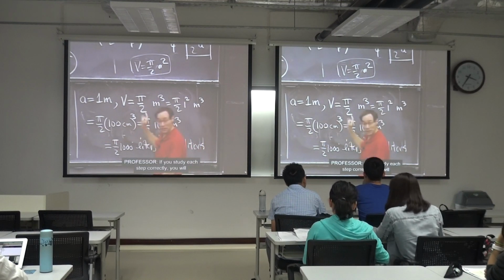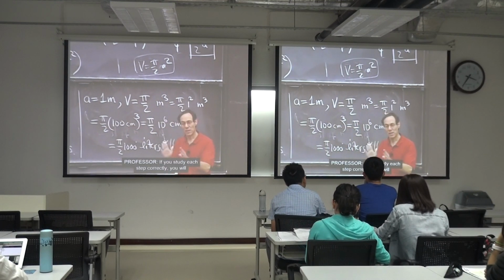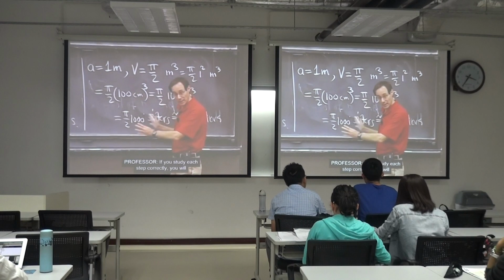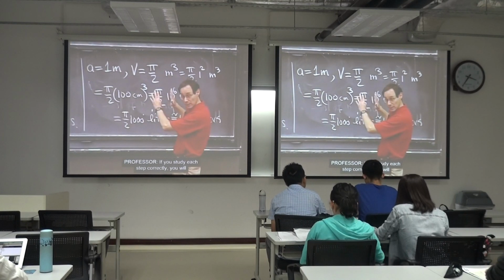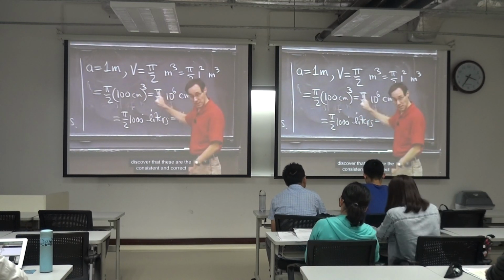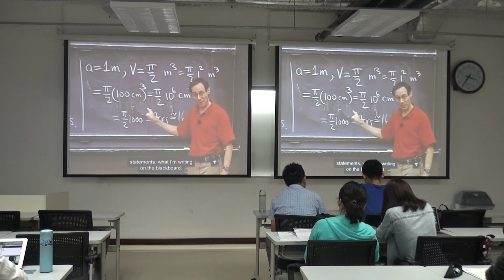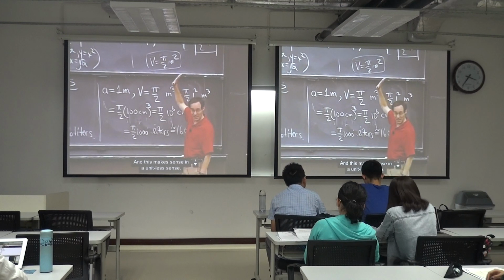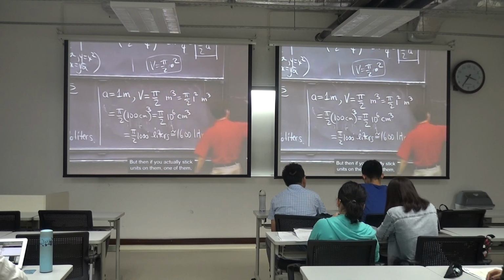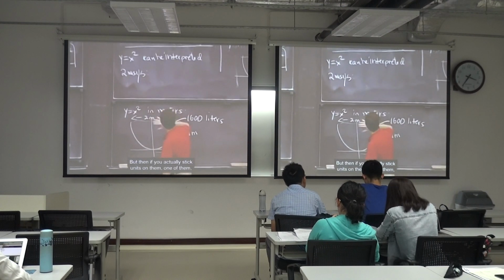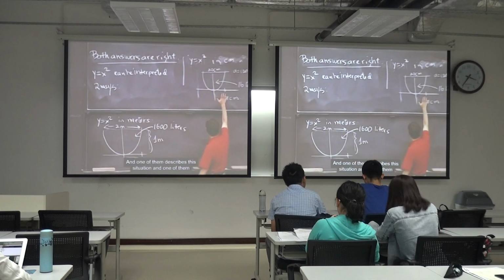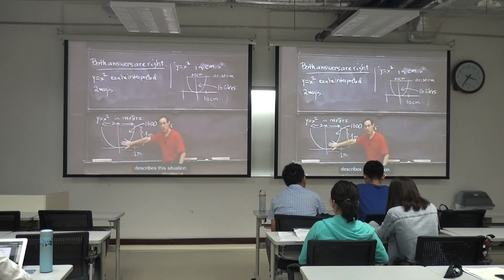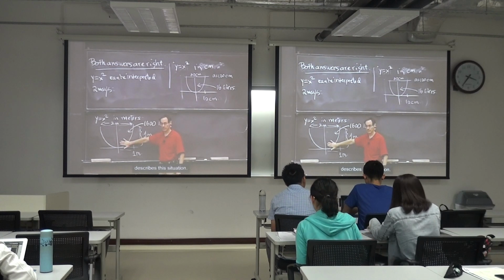If you study each step correctly, you will discover that these are the consistent and correct statements, what I'm writing on the blackboard. And this makes sense in a unitless sense. But then if you actually stick units on them, they both are correct, and one of them describes this situation, one of them describes this situation.